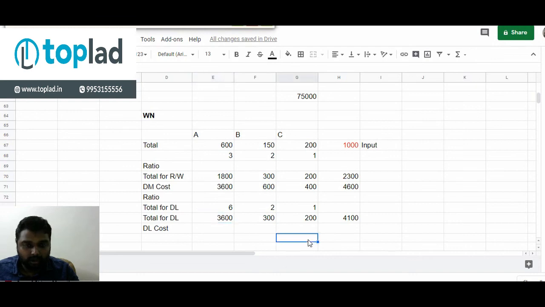So labor cost is also 4,100. So the same answer will come. You can counter check.